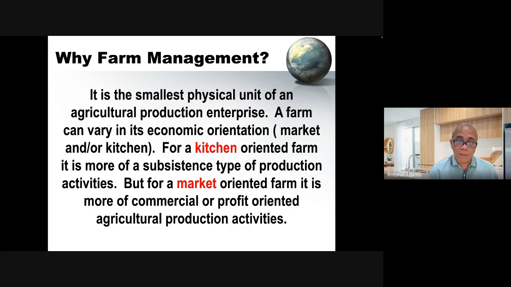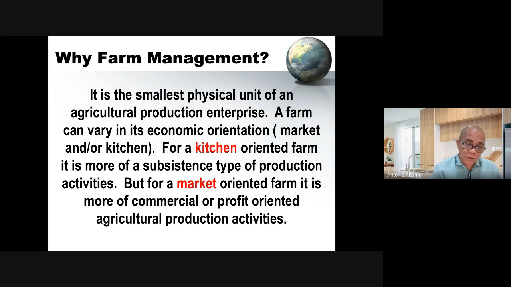A market-oriented farm is a farming endeavor that connects with commercial activities. It is generally production activities designed for commercial operation or for profit orientation. So that is for market-oriented types of farm.